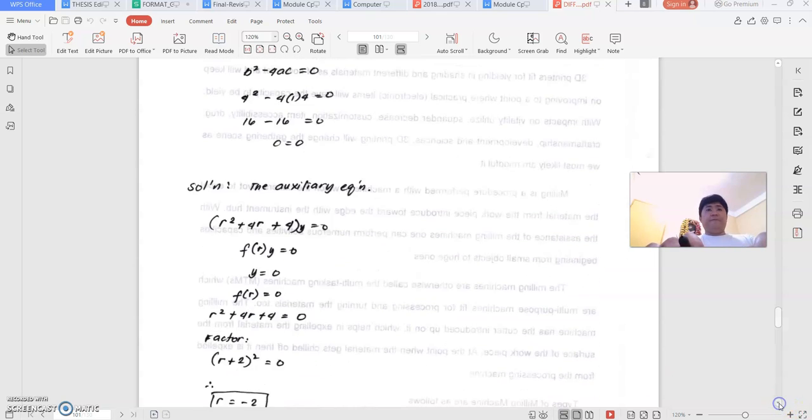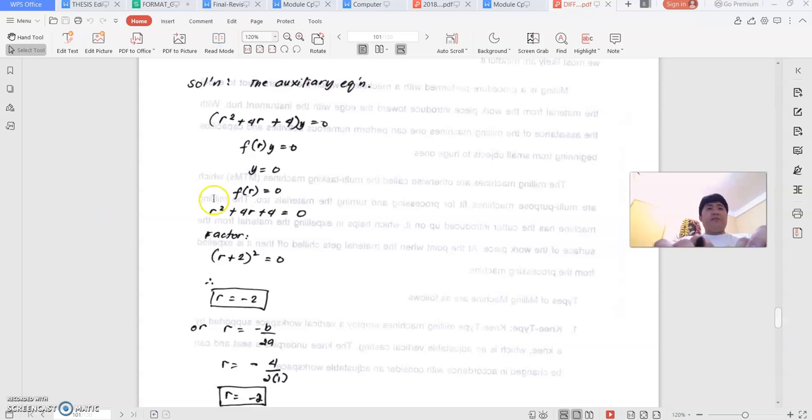So, kanunay dyan na. Okay. So, since r naman gikinahanglan nato, kining f of r or f of m kung unsa may auxiliary variable gi-use nimo, so r squared plus 4r plus 4. Then we need to factor this one. So the factor of this is r plus 2 squared.